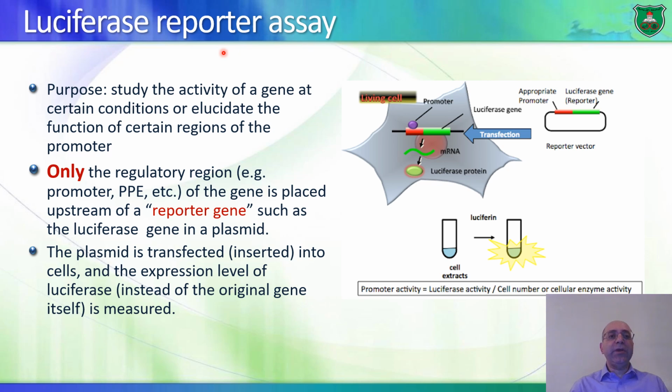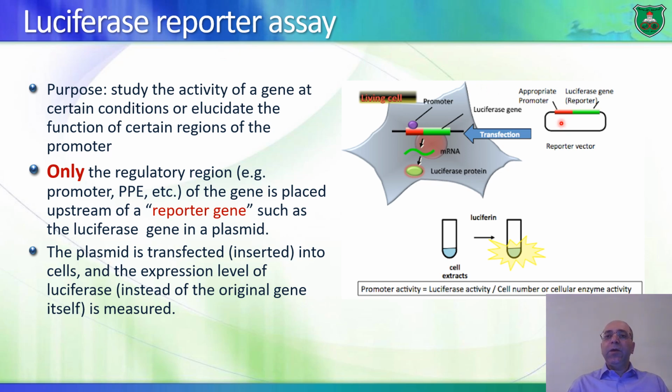A reporter gene is basically a gene that gives us a signal, that gives us an idea of something. And here we want to know the activity of a certain region inside a cell under certain conditions, or the importance of several regions in terms of regulating gene expression. So that's what we do.